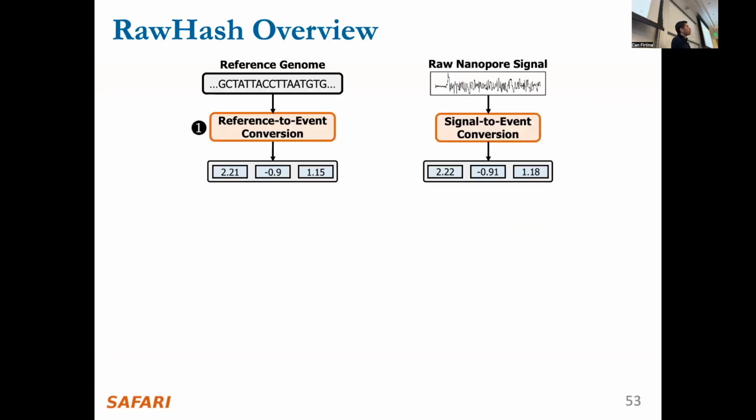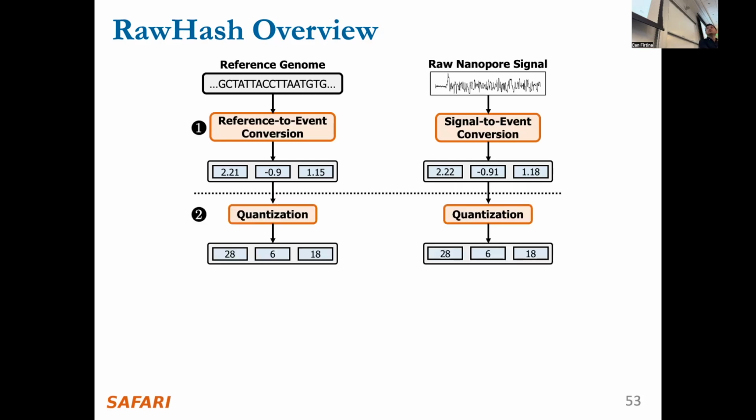So this is the overview of RowHash. We start with converting the reference genome into signal space as well in our indexing. Similarly, we convert the raw electrical signals to the event values that I described earlier. So we complete the work in the signal space, including the reference genome. Then to eliminate some noise, we perform quantization, binning, and so on.